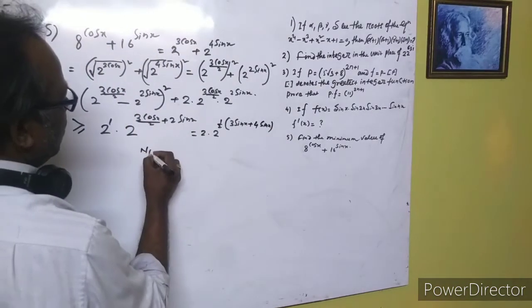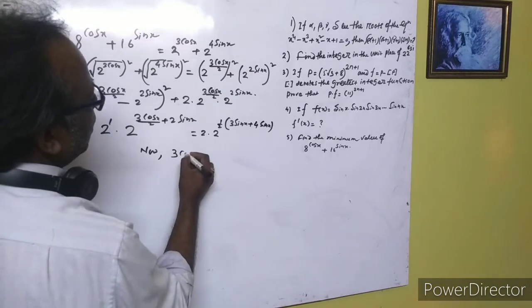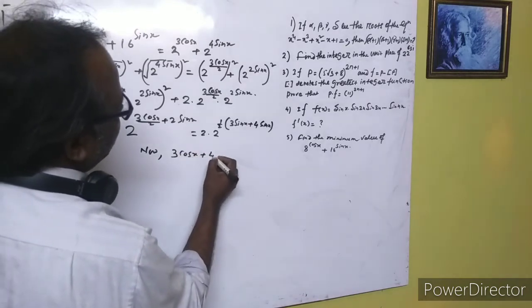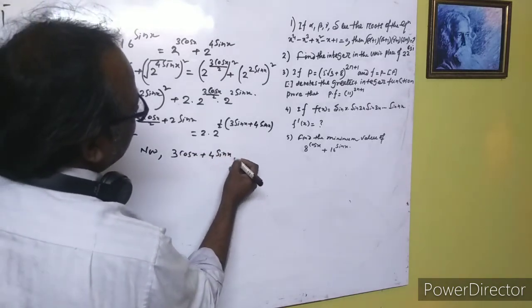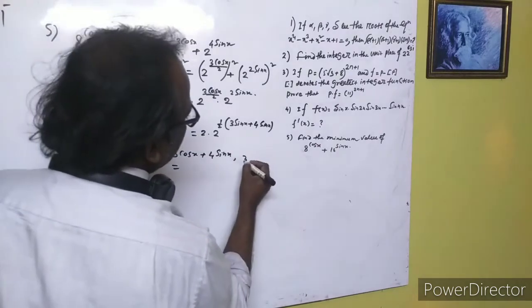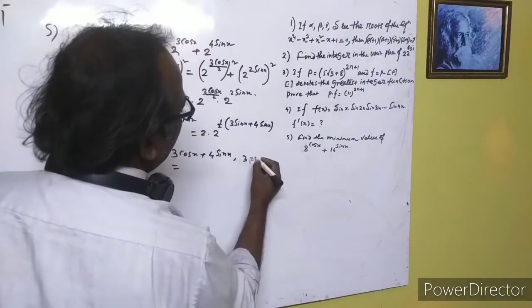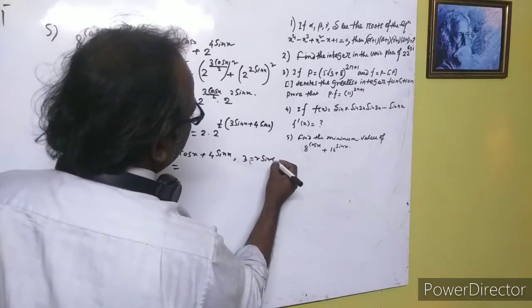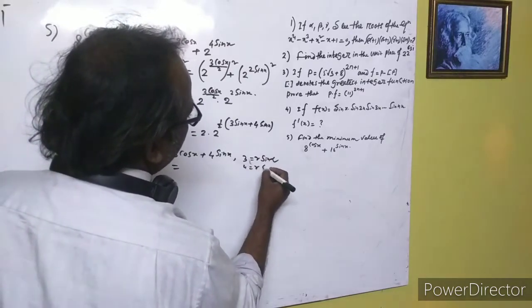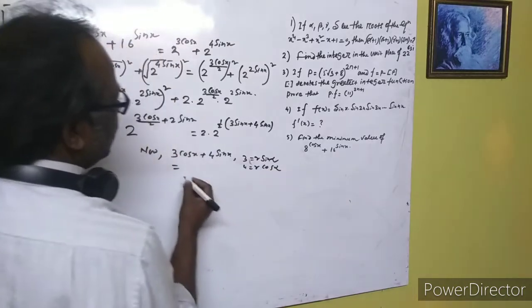Now for 3 cos x plus 4 sin x, let 3 equal r sin alpha and 4 equal r cos alpha.